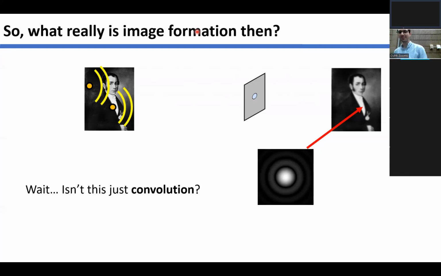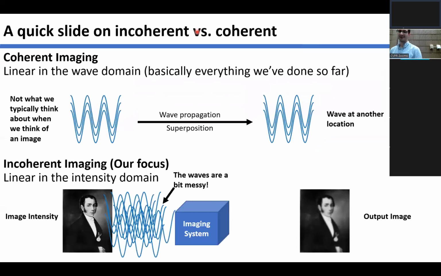Now we've made an assumption. We've made a jump, and I don't know if you necessarily caught it, which is that we went from talking about coherent stuff to talking about incoherent stuff. Really, what we've done so far is use coherent wave optics. We've used the Huygens-Fresnel principle to get from the wave at one point to the wave at another point.